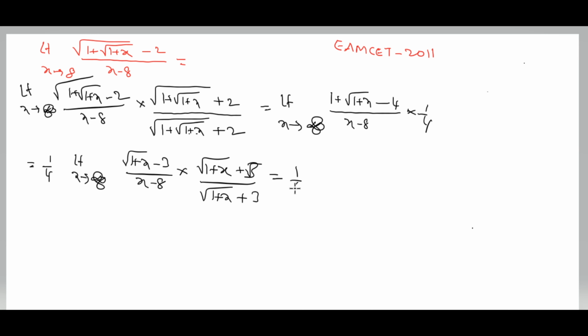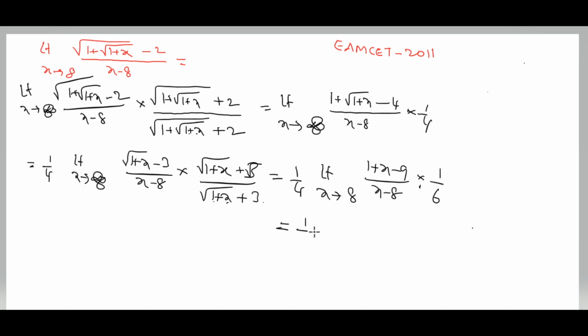That is equal to 1 by 4 into limit x tends to 8, (root 1 plus x minus 3) into (root 1 plus x plus 3), that is 1 plus x minus 9, by (x minus 8) into 1 by (root 1 plus x plus 3). Substituting x as 8, 1 plus 8, root 9 is 3, plus 3 is 6, that is 1 by 6.